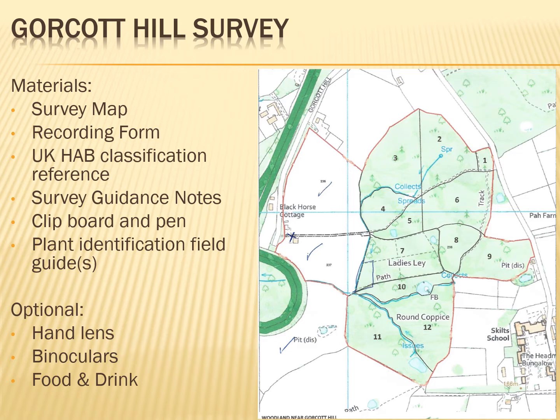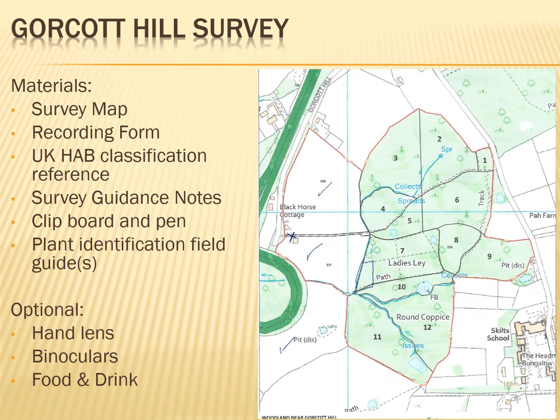The practical field visit will take place at the Heart of England Forest site at Gorket Hill. Details of the site, including location, access, survey forms, notes and maps, as well as the UK Habitat Guide for the day, will be made available to you by the Heart of England Forest team.